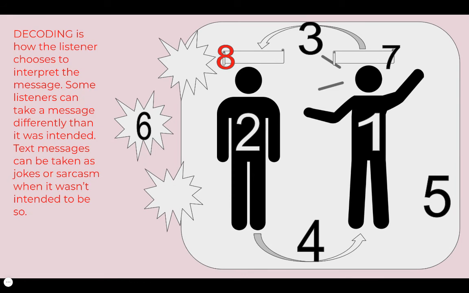Some people do that decoding automatically and they don't check about the meaning, and then they take it offensively sometimes, or don't take it as a joke, or take it as too serious, and that decoding can sometimes get the speaker and the listener both in trouble for not having clear communication.